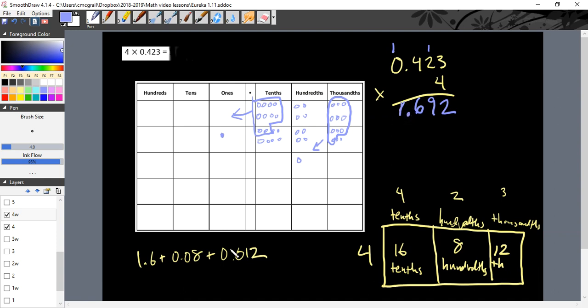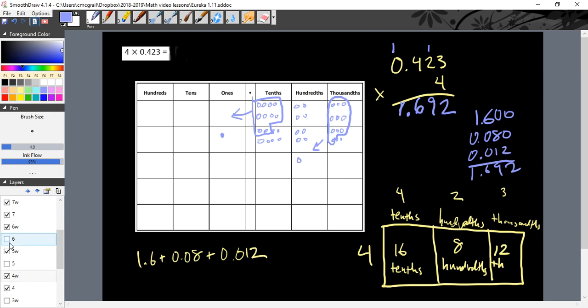So let's add up these numbers from our area model to see if it works. 1 and 6 tenths, 0 and 8 hundredths, and then 0 and 12 thousandths. 2, 9, 6, 1. And that is how I'm going to use the area model to check my work with multiplication.